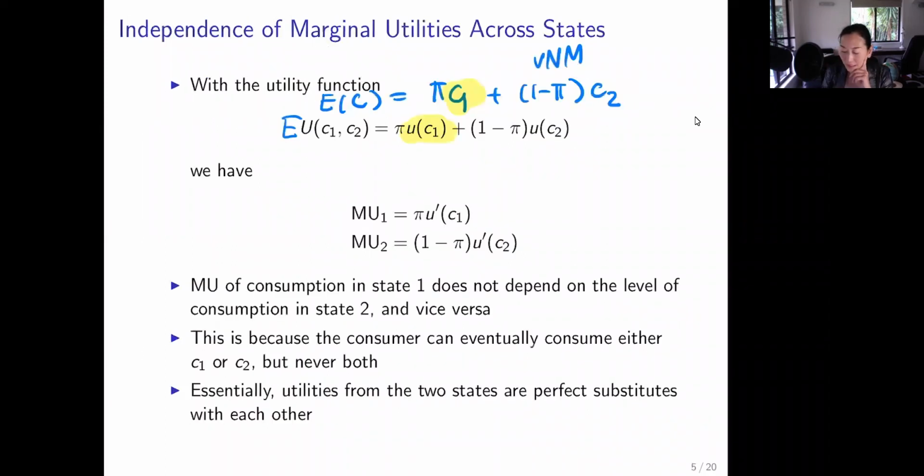And now what you see here is that if I divide MU1 by MU2 and put the negative sign in front, that looks like MRS XY or MRS C1, C2. It's like the marginal rate of substitution is equal to negative MU1 over MU2. And that's what we're going to get.